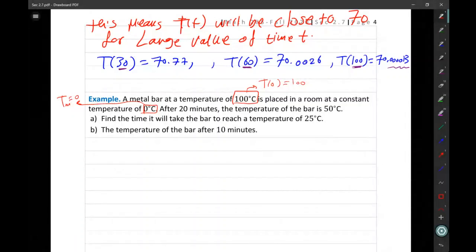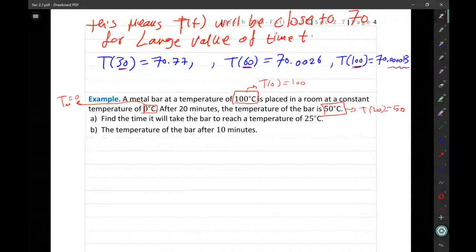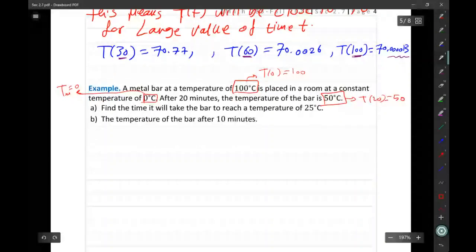After 20 minutes, the temperature of the bar is 50 degrees. This implies T of 20 is equal to 50. The question says find the time it will take the bar to reach the temperature of 25, and the temperature of the bar after 10 minutes.